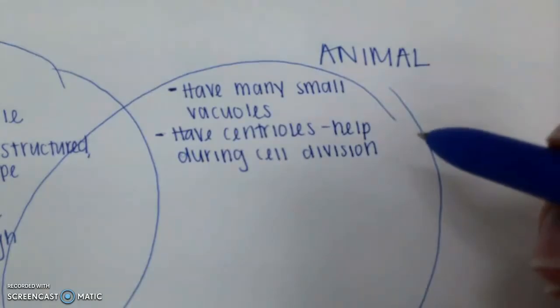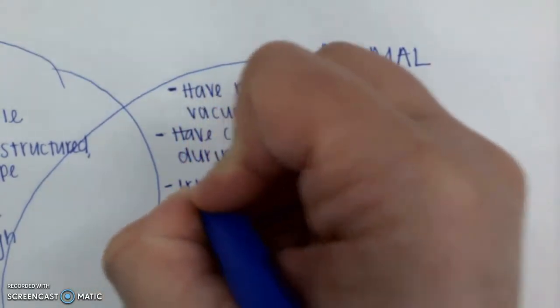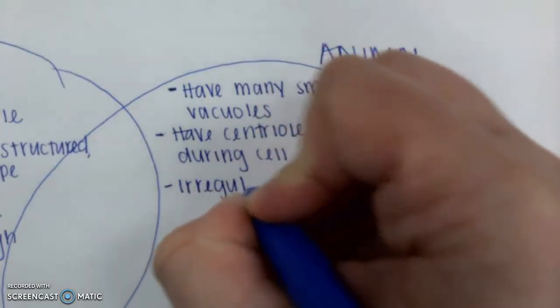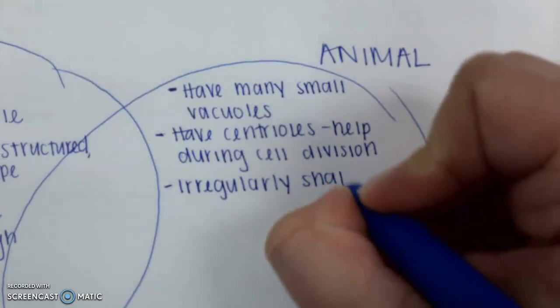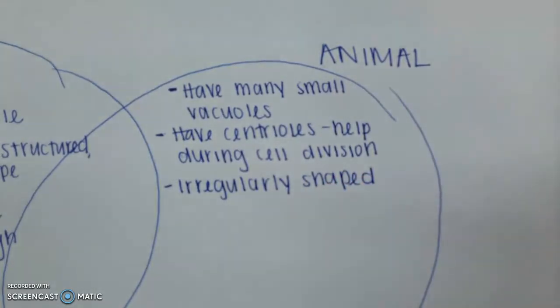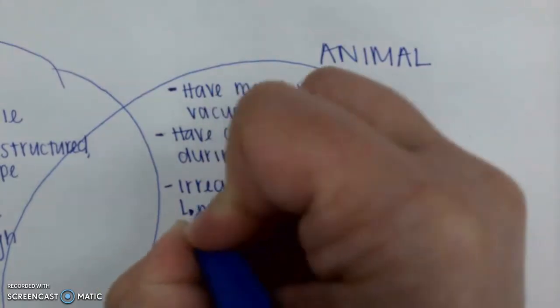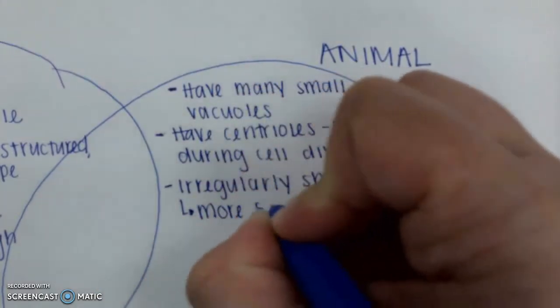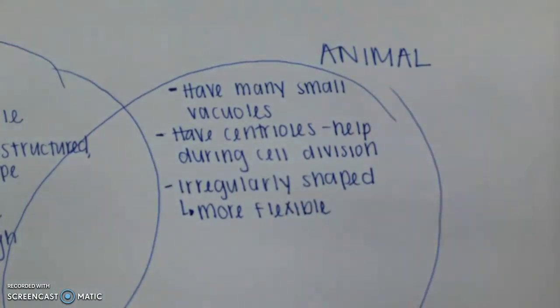All right, let's talk about shape now. So, animal cells are irregularly shaped. They have a cell membrane, but not a cell wall. They're more flexible. I'll go ahead and add a drawing to visualize it.